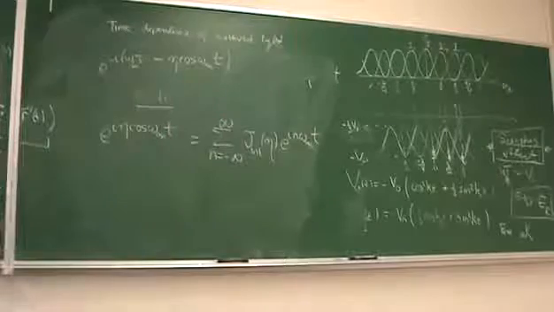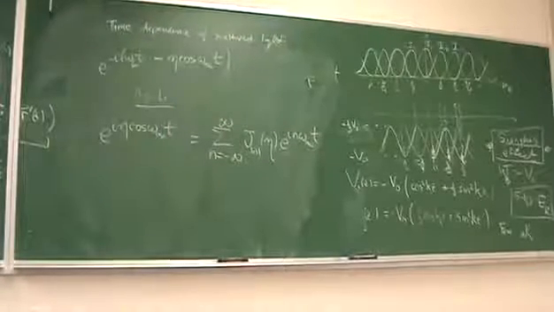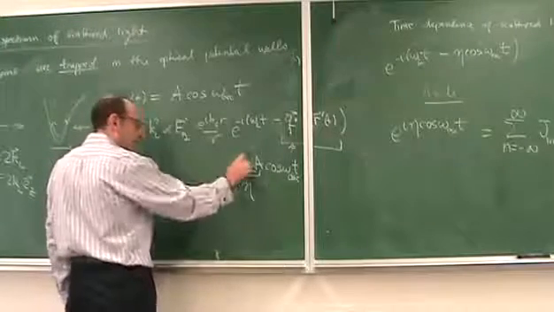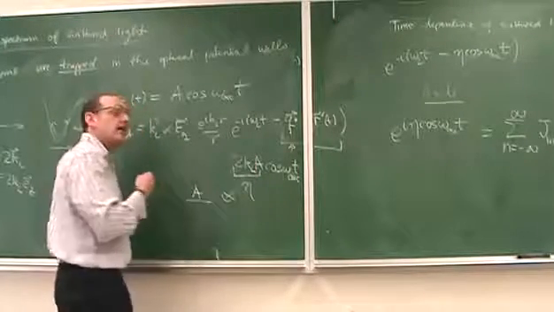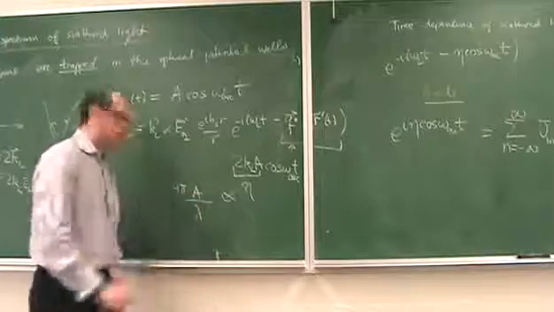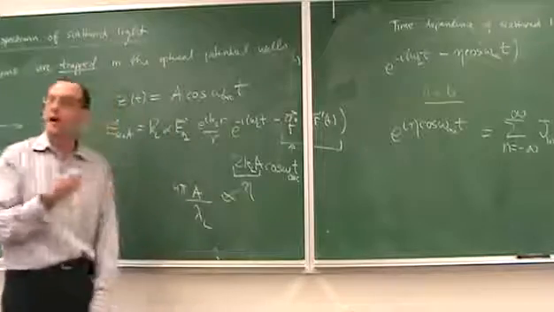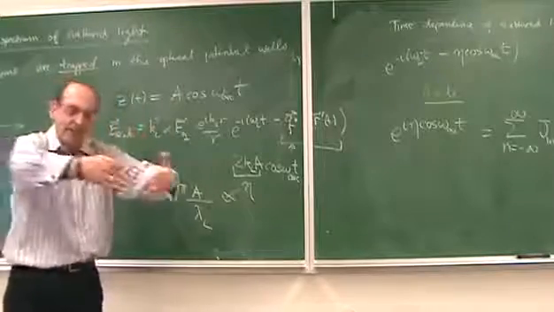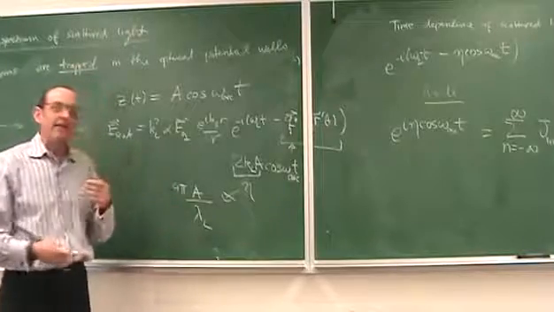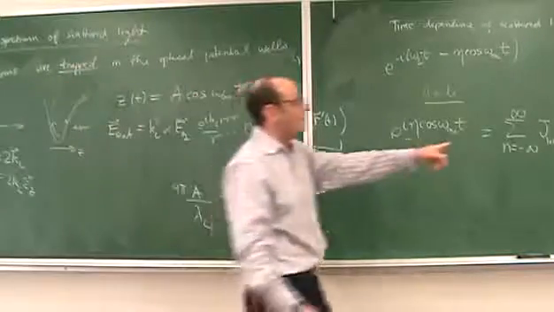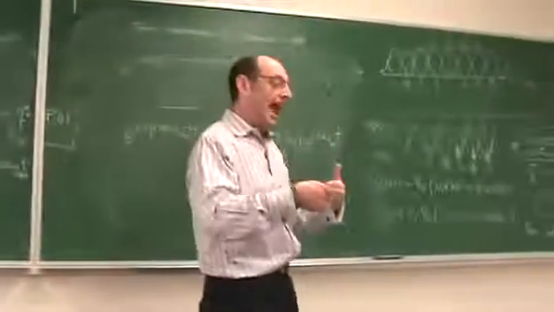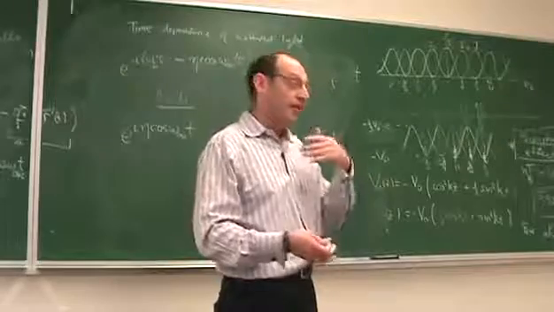Because this factor eta here is the amplitude of the oscillation times 2k, with k equal to 2 pi over lambda, so this is 4 pi A over lambda, the lambda of the laser. So the amplitude of the oscillation relative to the wavelength is an important parameter that tells me how much light is scattered into those other frequencies.